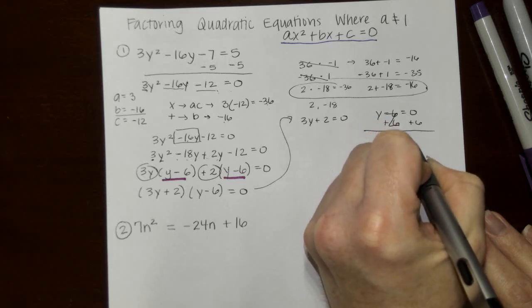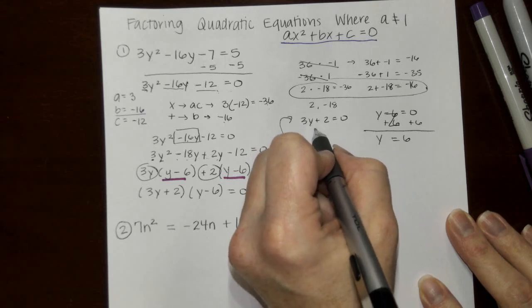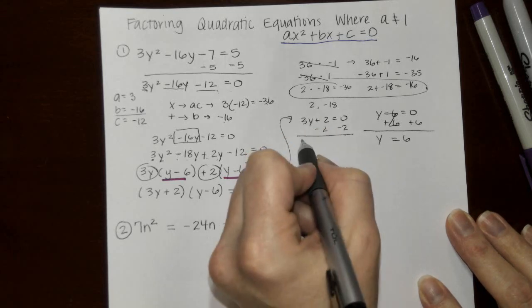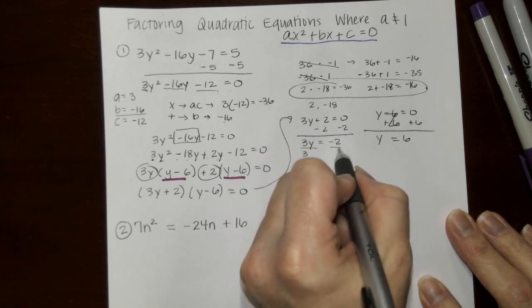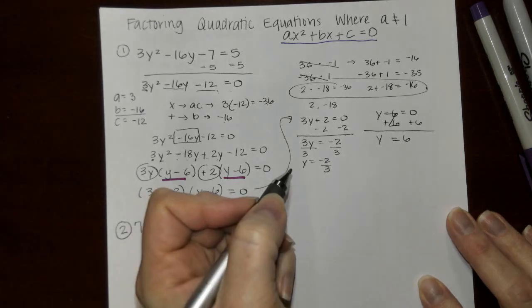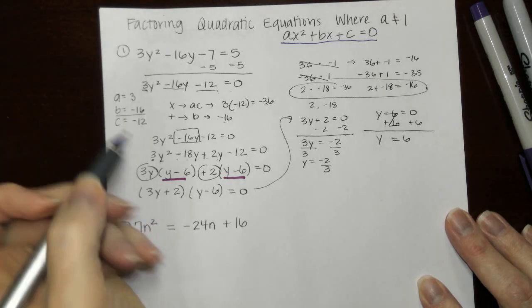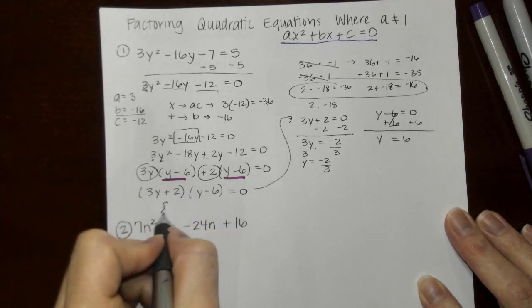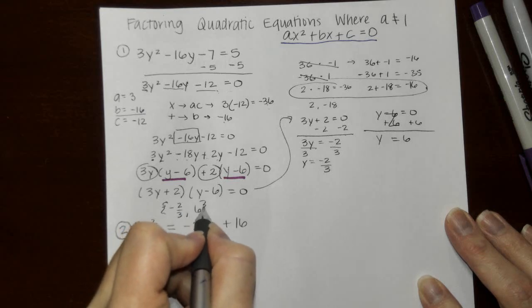That zeroes out, and y is equal to 6. 3y plus 2, subtract 2. 3y is equal to negative 2, divide by 3. y is equal to negative 2/3. So my two solutions for this quadratic equation are negative 2/3 and 6.